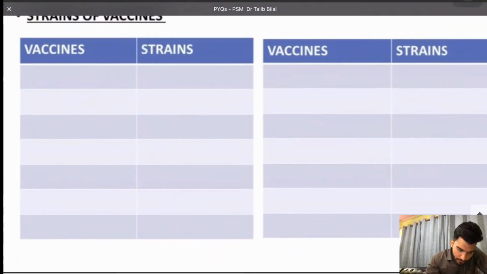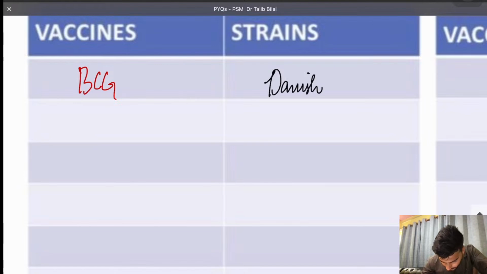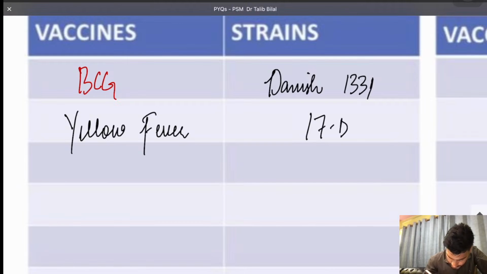First vaccine, if I talk about BCG, your answer goes with Danish 1331. If I talk about yellow fever, your answer is going to be 17D.